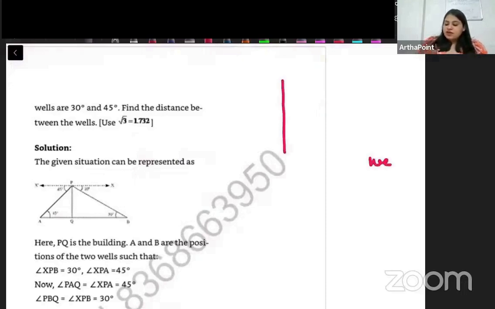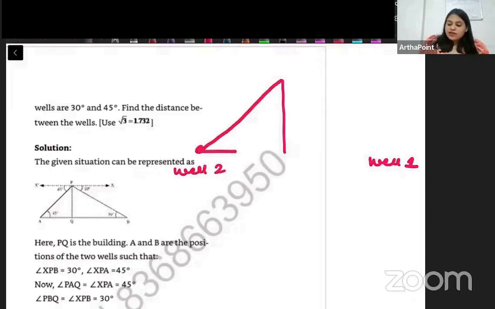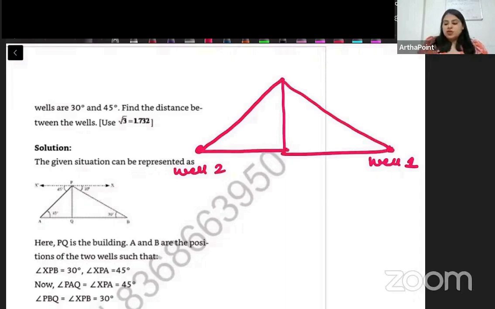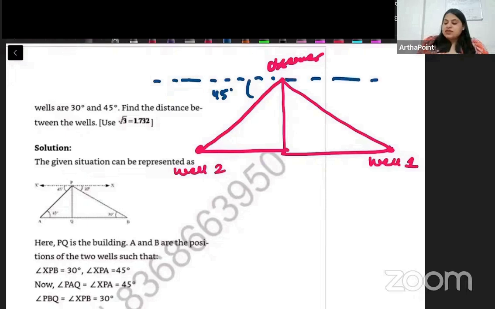This is well 1, on the opposite side. This is well 2. You see well 1 from here, you see well 2 from here. This is the observer. And the angles of depression are 30 and 45 degrees. So beta, suppose this is 45 degrees and this is 30 degrees.